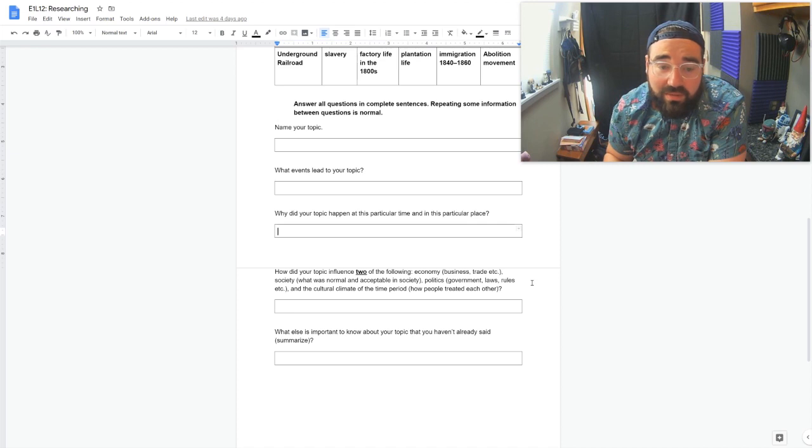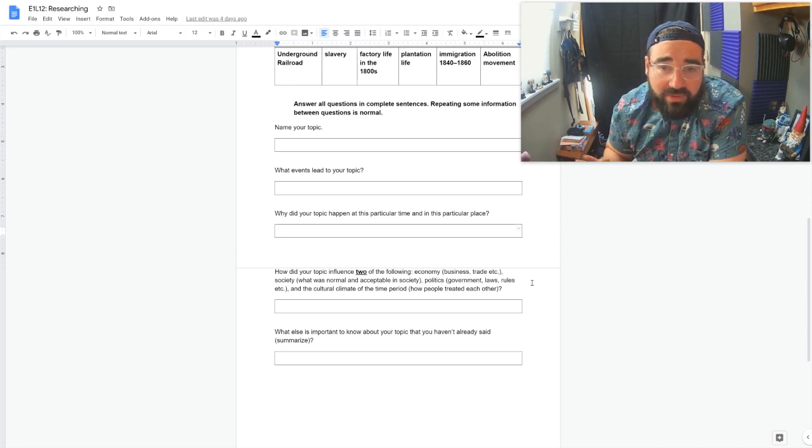Or even better, specifically asking, what events led to slavery in America? Or why did slavery happen in the South in the 1800s instead of in the North? Not that it wasn't in the North, but you get it. In other words, it's going to be a lot quicker if you try to search specifically for these answers.